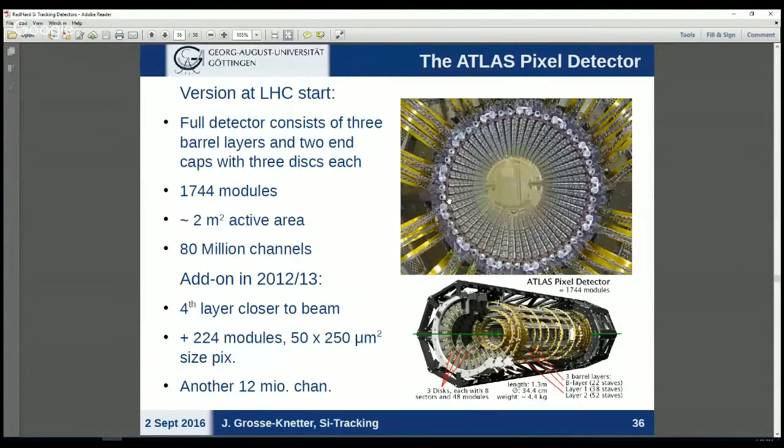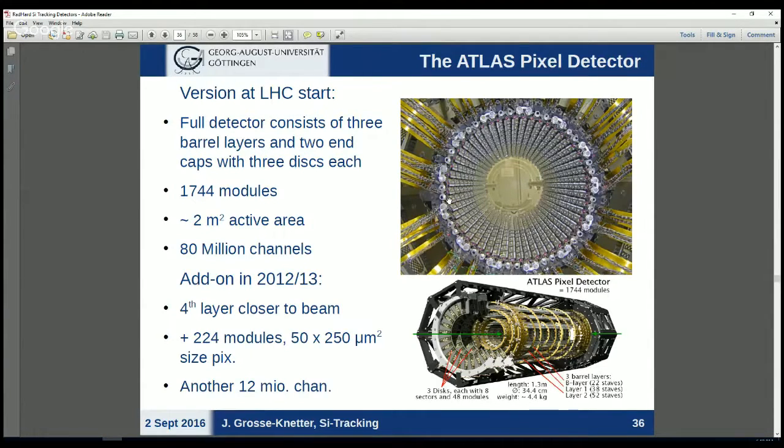On the outer side, we have more disks. So in total, we cover roughly an area of 2 square meters with pixel modules that in total have 80 million pixel channels. So you can imagine that's quite a challenge in terms of getting all the connections. That means 80 million bump bonds in the end, right?